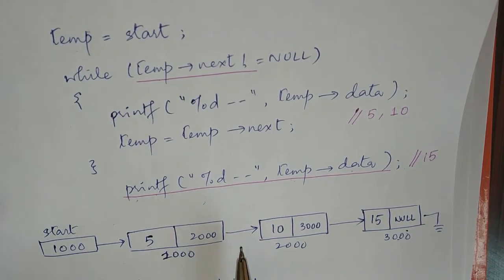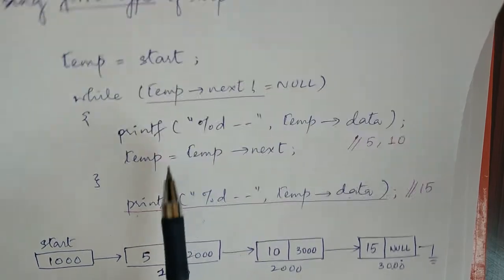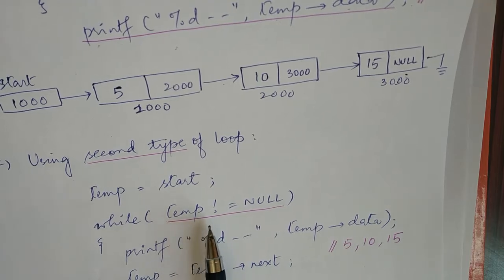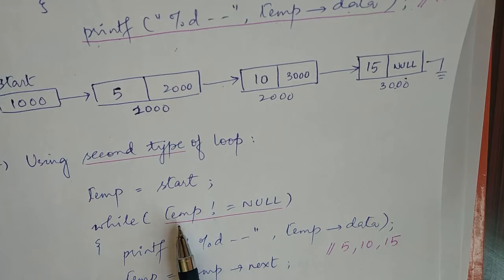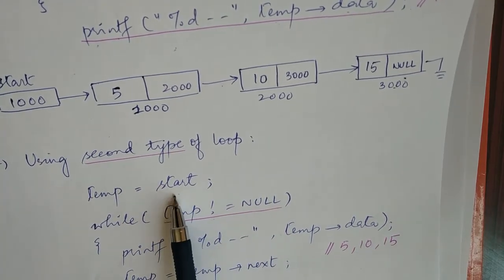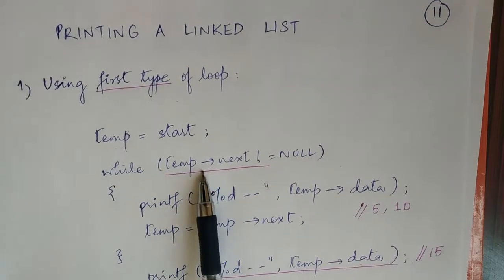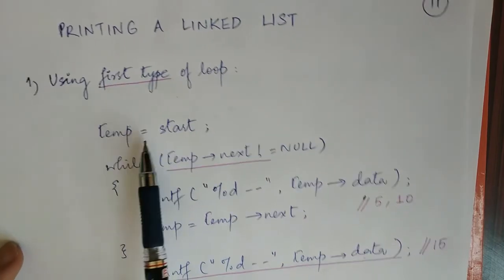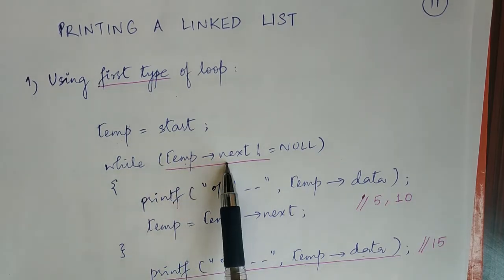Another thing that you have to take care of before using this kind of loop: you should always check whether your linked list is empty or not. If start was null, if there was nothing in the linked list, then null to next will give you an error.